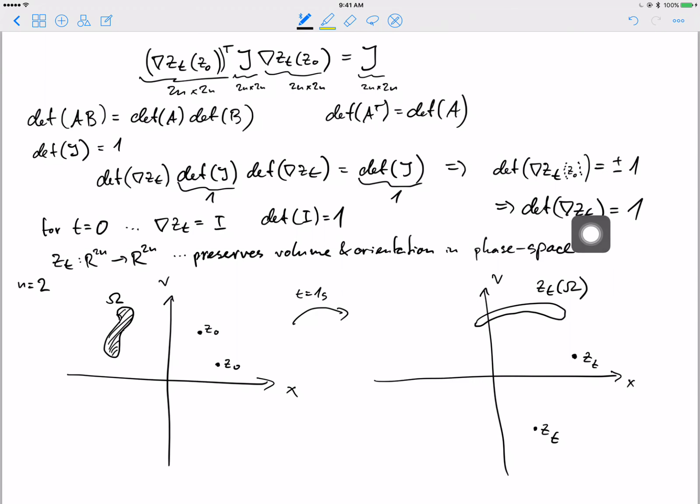And the fact that the determinant of the Jacobian is 1 everywhere implies that the area of zt omega must be exactly the same as the area of omega. Okay, that it's area preserving. So that's a geometric constraint on the motion.